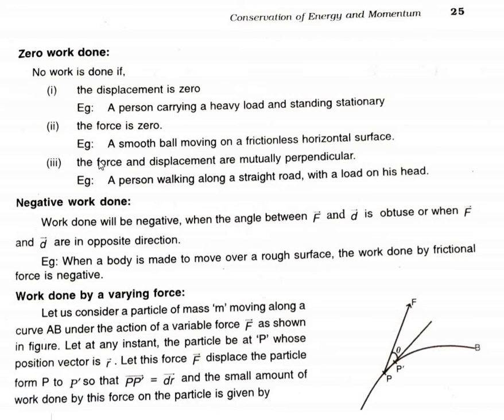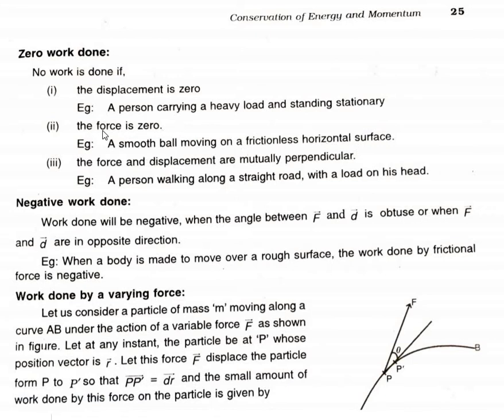Take a smooth ball moving on a frictionless horizontal surface. There is no force. We know that a body will continue its state of rest or uniform motion until it is acted upon by an external unbalanced force. So if there is no friction, the ball will move with uniform velocity.